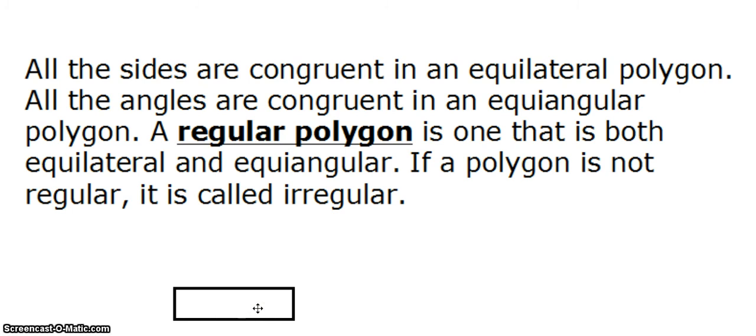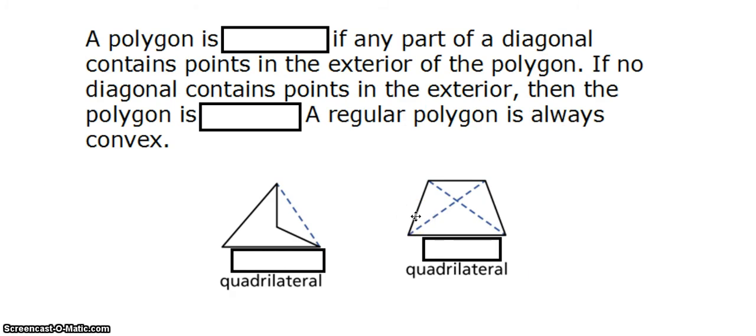It has equal angles and equal sides. If a polygon is not regular, it may be called irregular. Okay? So, we have 2 different types of polygons seen here. This is kind of the classic one we're used to. This looks like an isosceles trapezoid, doesn't it?